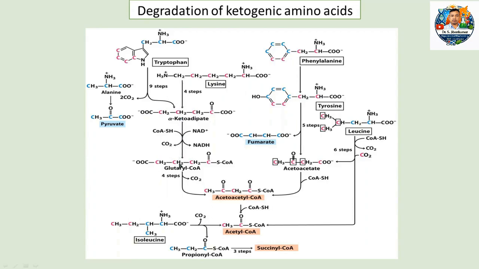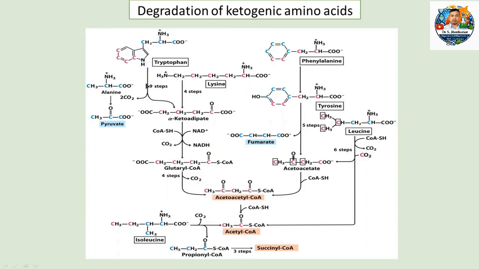So lysine ultimately, after many steps, is converted to acetyl-CoA, and it is very easy to see that acetyl-CoA can be broken down into 2-acetyl-CoA.